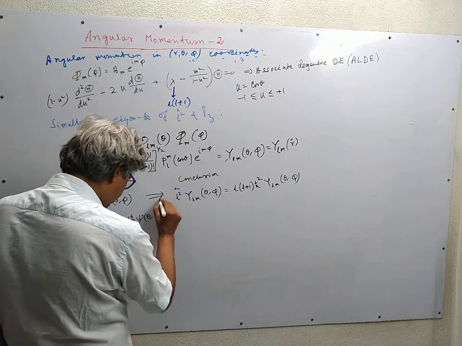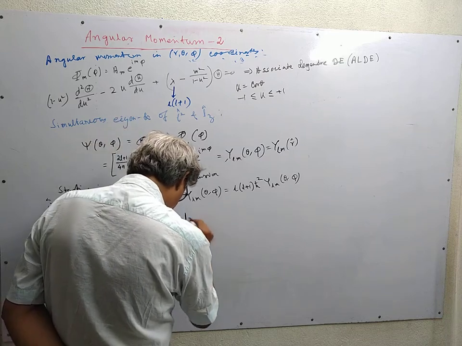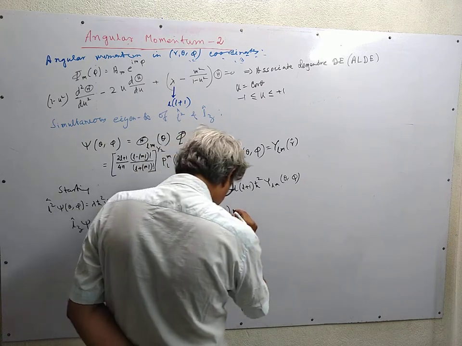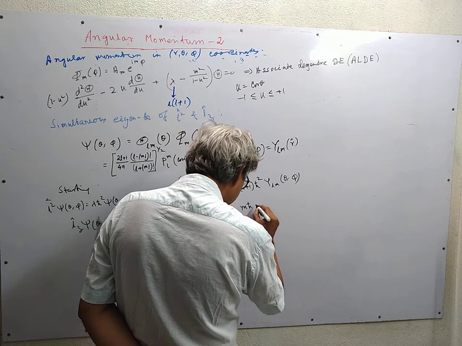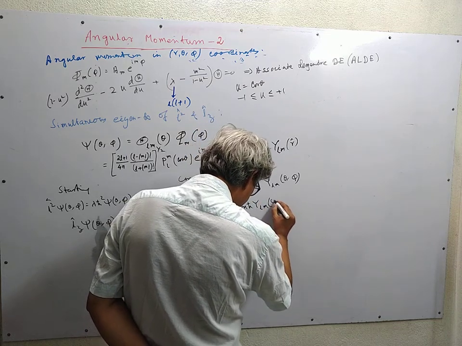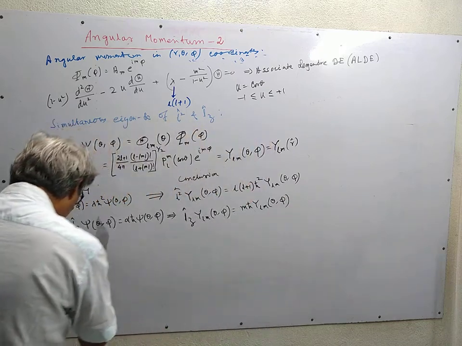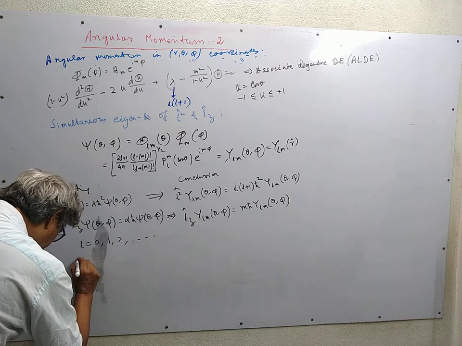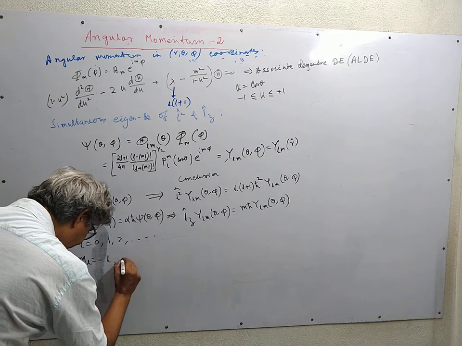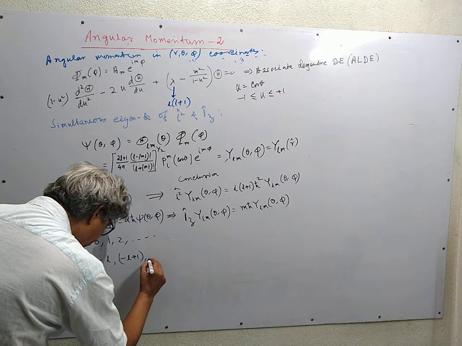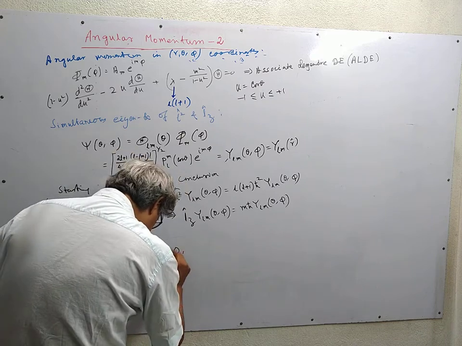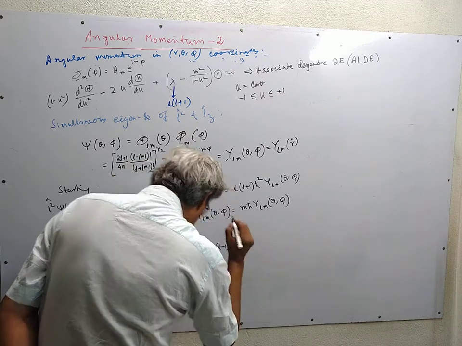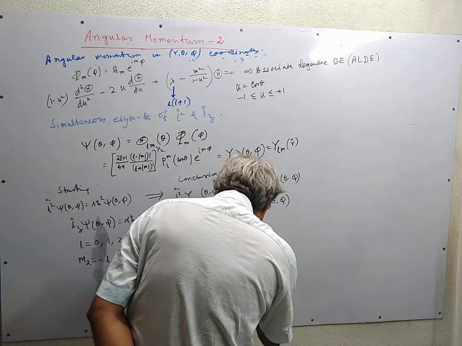This is now changed to m h-bar, with the restriction that L is equal to 0, 1, 2, etc. And for a given L, m is equal to minus L, minus L plus 1, up to minus 1, 0, 1, up to L. These are the values, a totality of 2L plus 1 values.